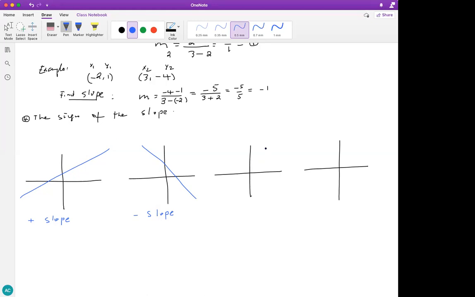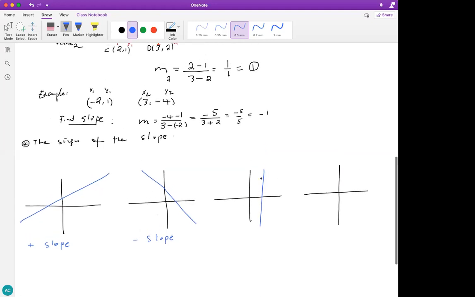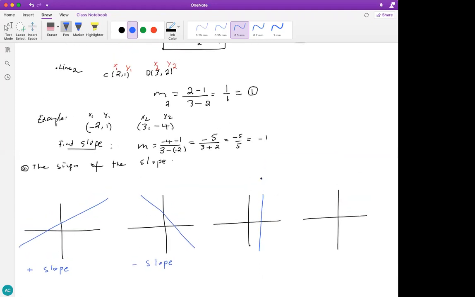The line could also be something like this, a vertical line. In this case, the line is vertical. It's not inclined a lot to the right or to the left or slanted. It's just a vertical line.